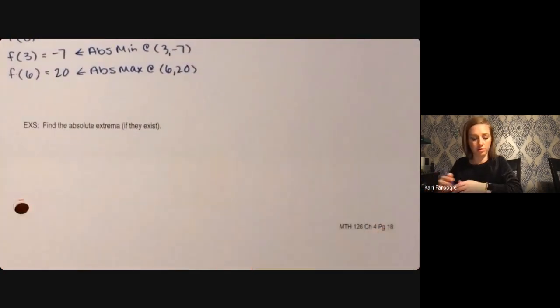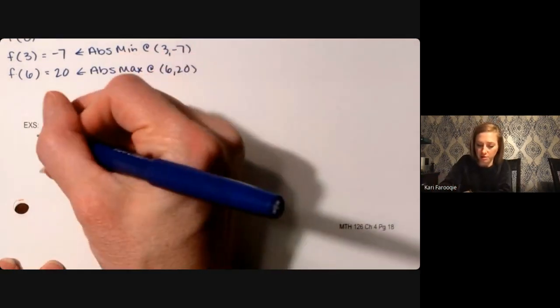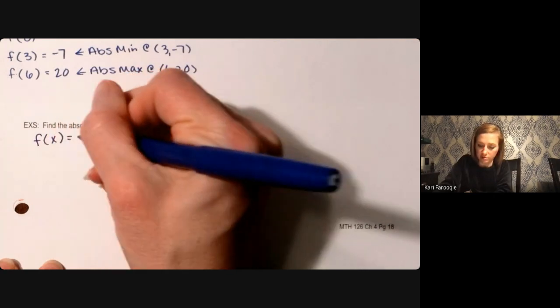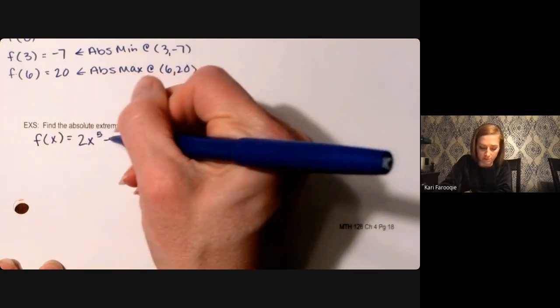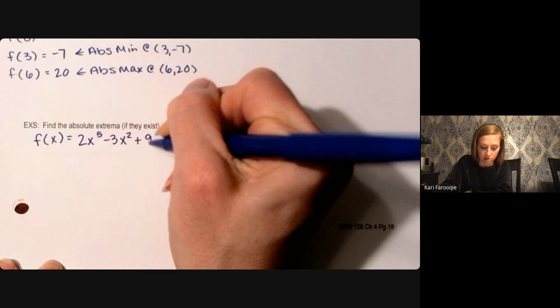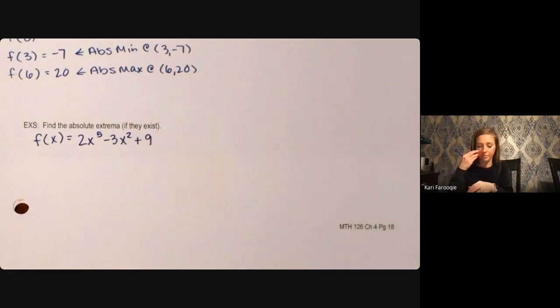Let's talk about absolute extrema of this function, f of x equals 2x to the 5th minus 3x squared plus 9. Now, for this one, we're not talking about a closed interval. I'm asking you, can you find an actual absolute maximum value and an actual absolute minimum value?